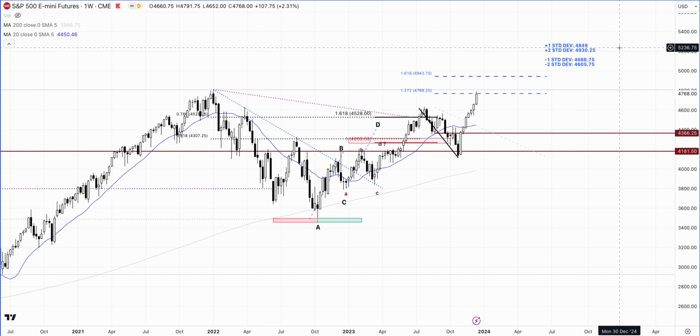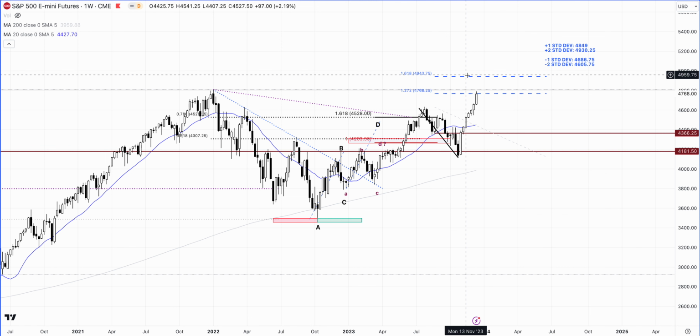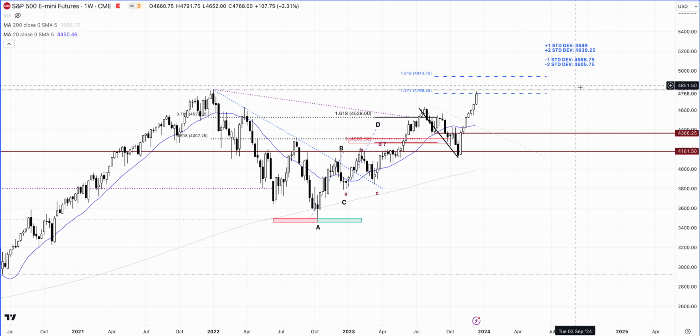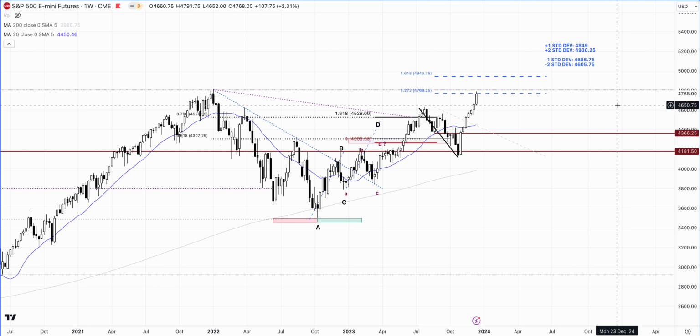On the upside, the +1 standard deviation comes in around 48.49 and +2 at 49.30, which is going to be very close to the 1.618 expansion. And on the downside, during the week the market could make an attempt towards 46.86, and then -2 standard deviation at 46.05.